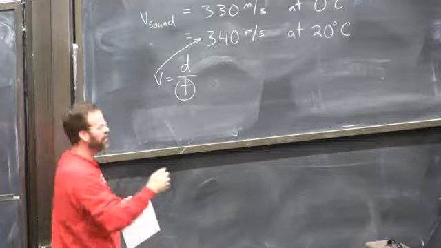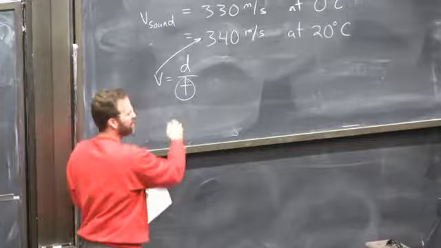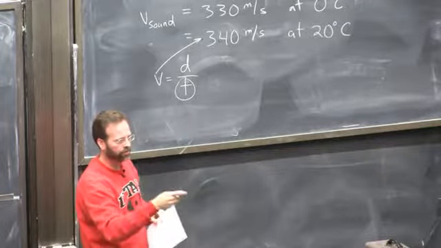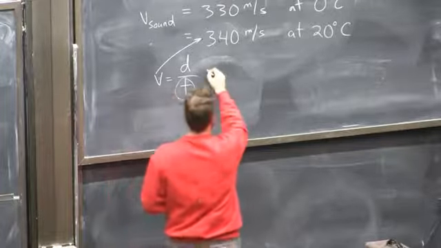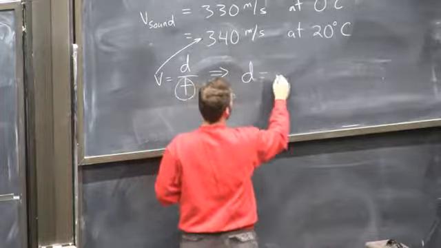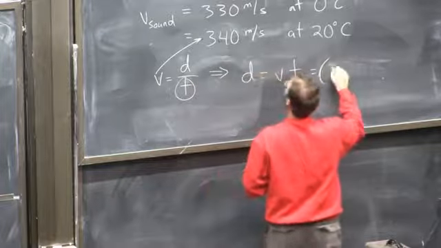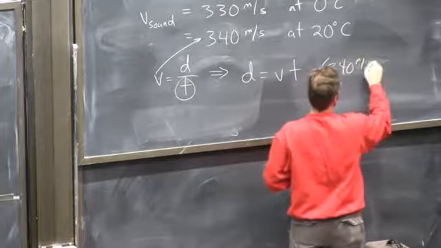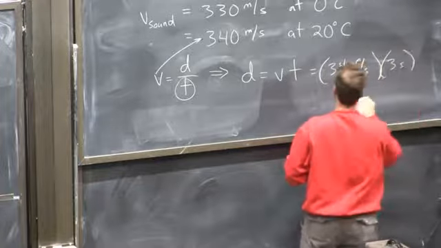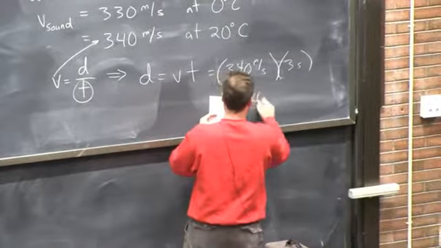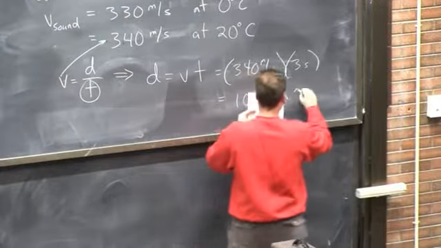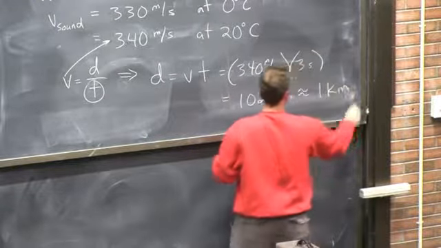So from then to by the time that wave gets to you, you just time it like 1001, 1002, 1003. So the distance you are away is that velocity times time, 340 meters per second for 3 seconds. What do you get? Which is roughly a kilometer.